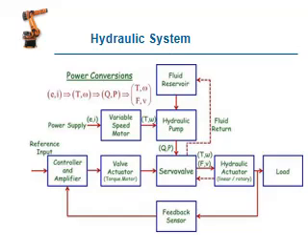The working principle of the pump is that it sucks the oil from a lower level to a higher level, and it increases the pressure from the lower level to the higher level. This pump is interfaced with a motor. If you give a power supply to this motor, the pump operates. Pump operating means the oil is sucked from the lower level to the higher level and the pressure is increased.